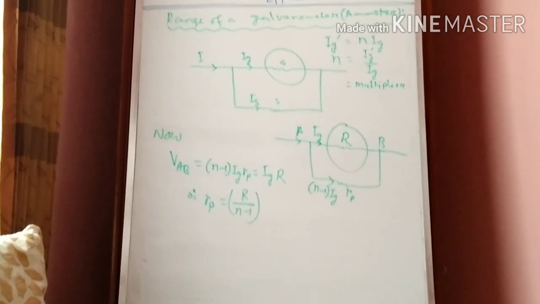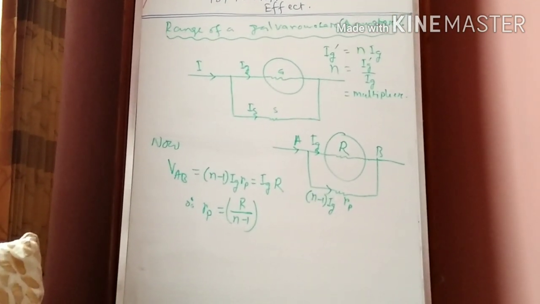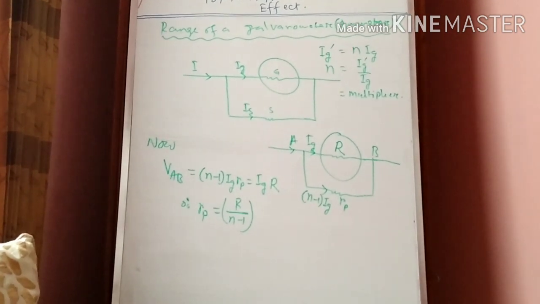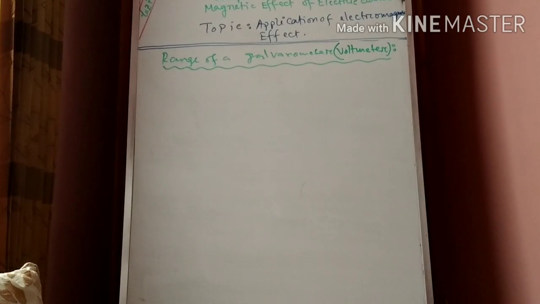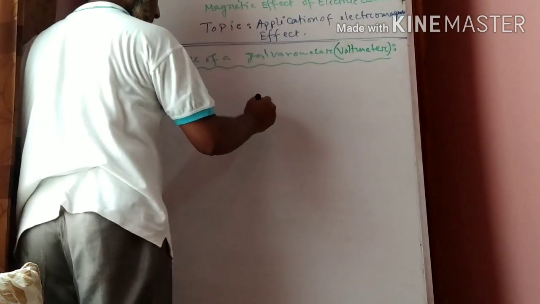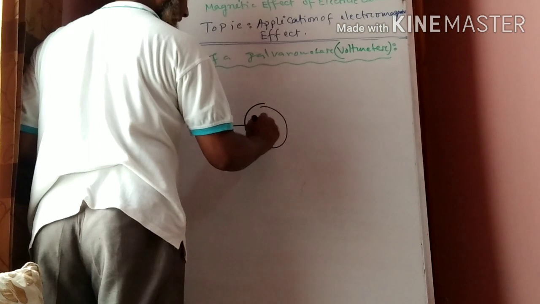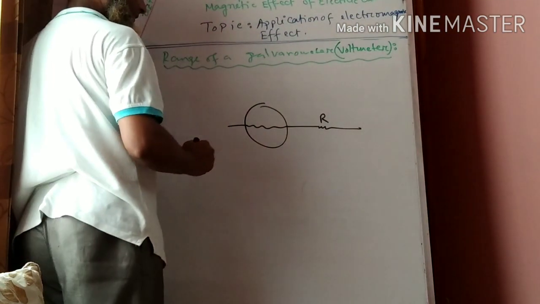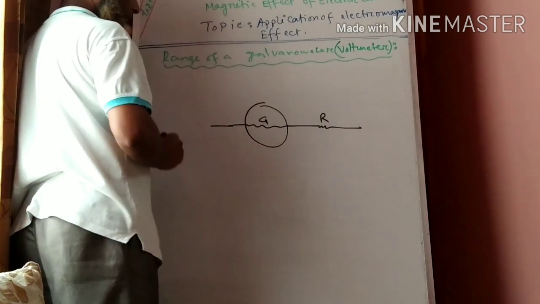So I think you got this point. Now I am going to discuss how we can change the range of a voltmeter. Now you know in a voltmeter, another big resistance is connected in series with the galvanometer coil.